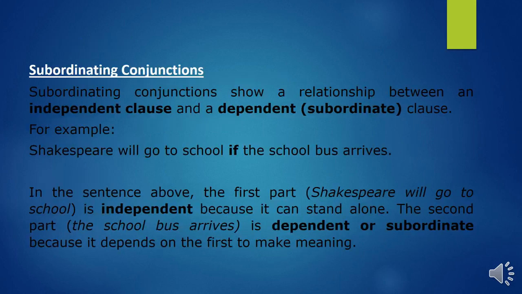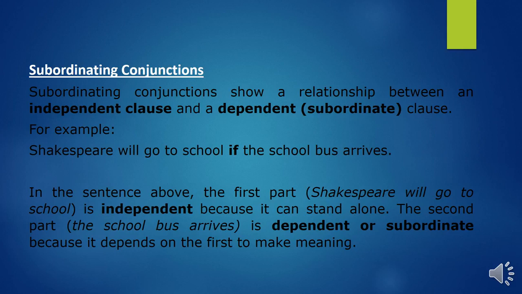Now to our lesson, we are looking at subordinating conjunctions, and then later we look at correlative conjunctions. So what are subordinating conjunctions? Subordinating conjunctions show a relationship between an independent clause and a dependent clause. For example, Shakespeare will go to school if the school bus arrives.